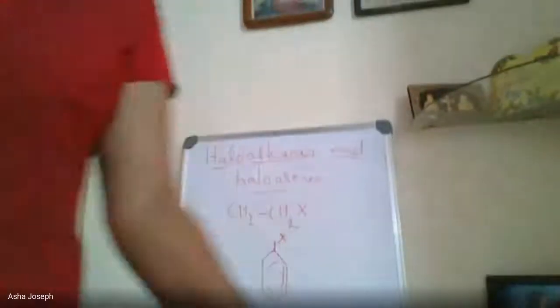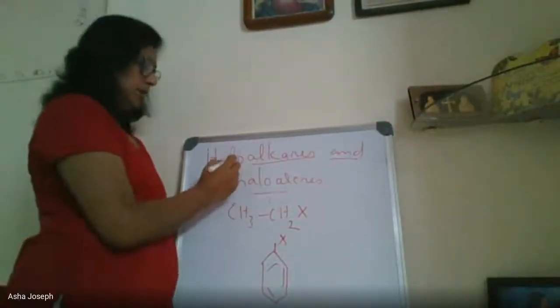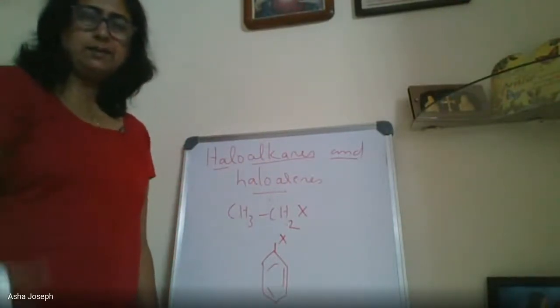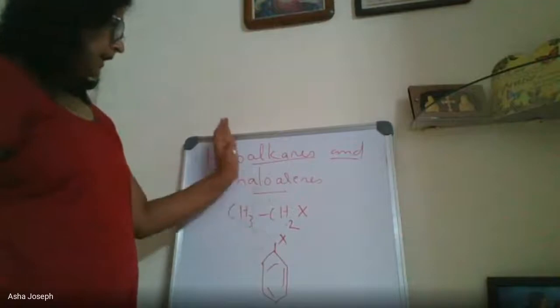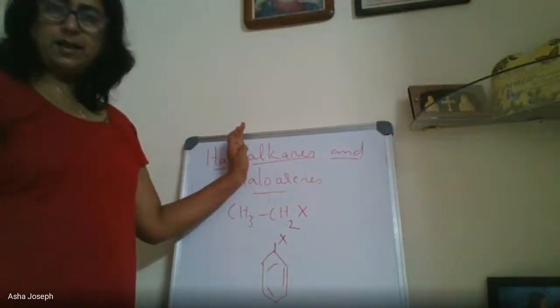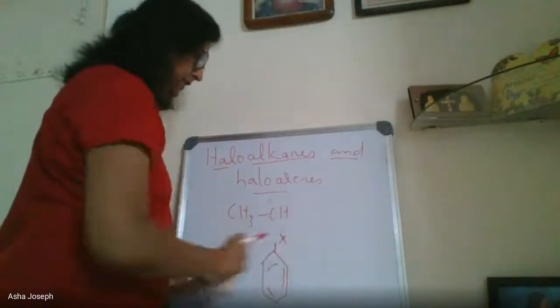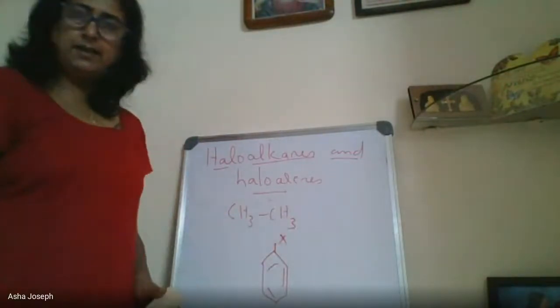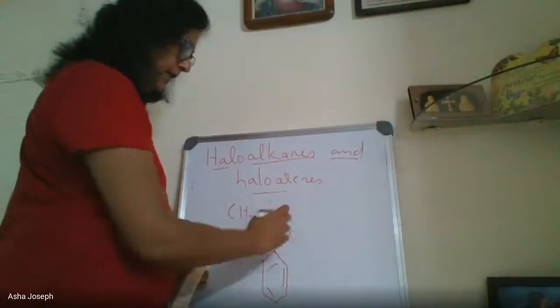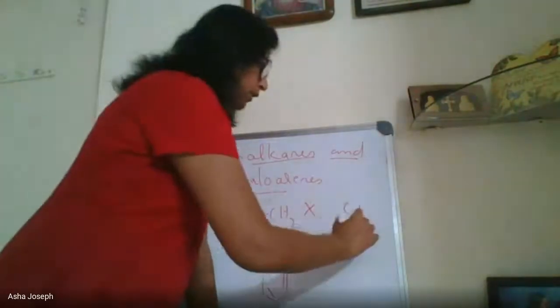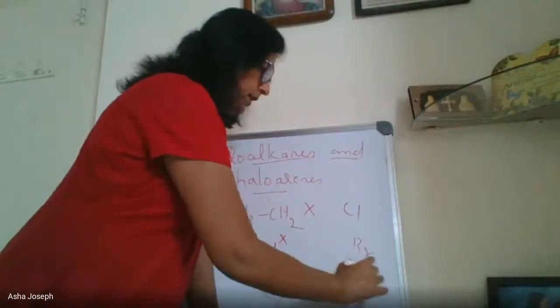Can you repeat the starting? Okay, Prashant, the name of the chapter is Haloalkanes and Haloarenes. I just explained what they are. You know the alkane, so I wrote an alkane, CH3-CH3, ethane. One hydrogen of the alkane is replaced by a halogen. X can be chlorine, bromine, iodine or fluorine.